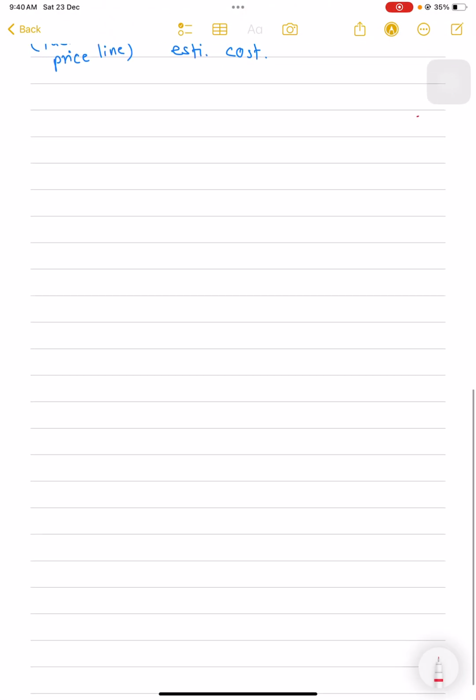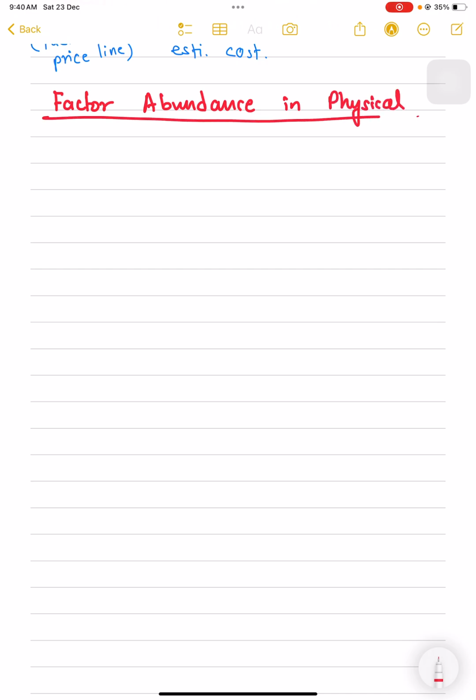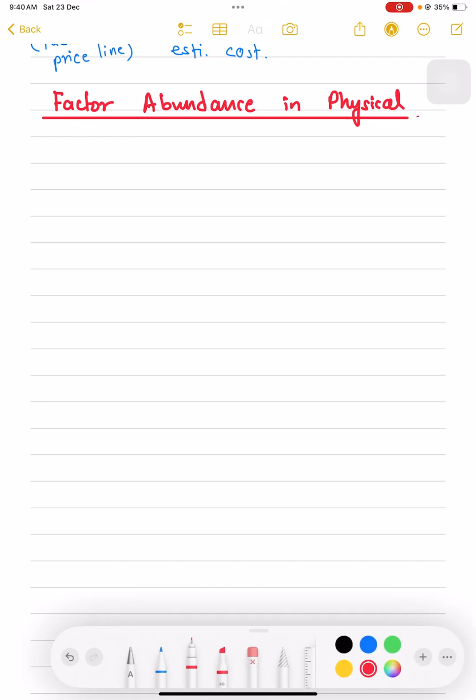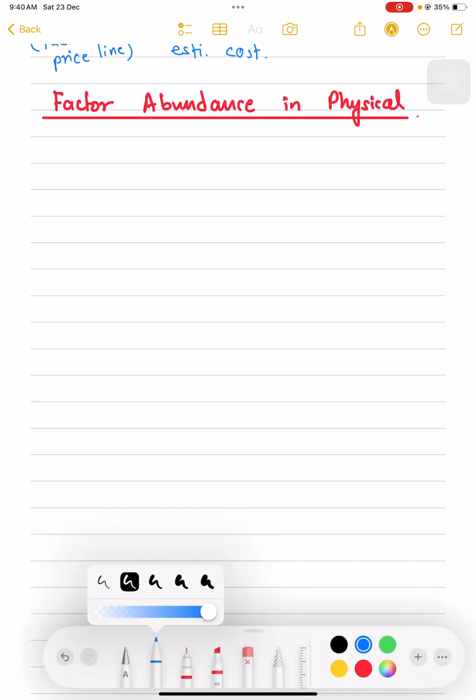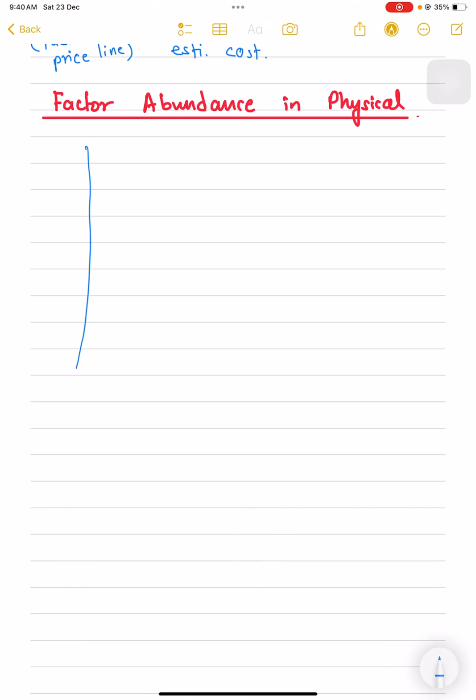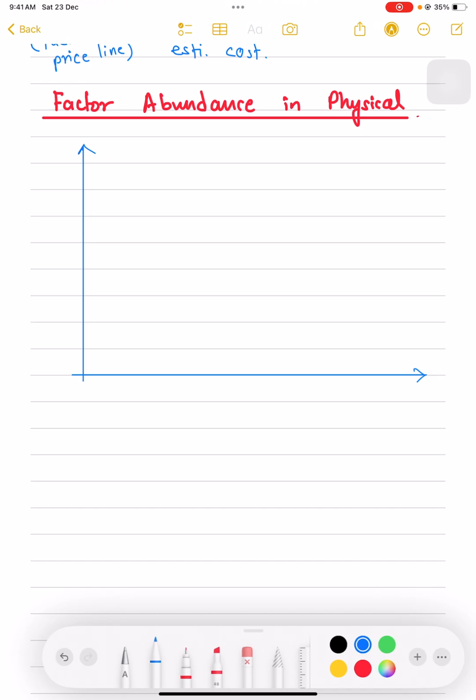Then another diagram is factor abundance in physical terms. This is a simple diagram. Again draw X and Y axis.